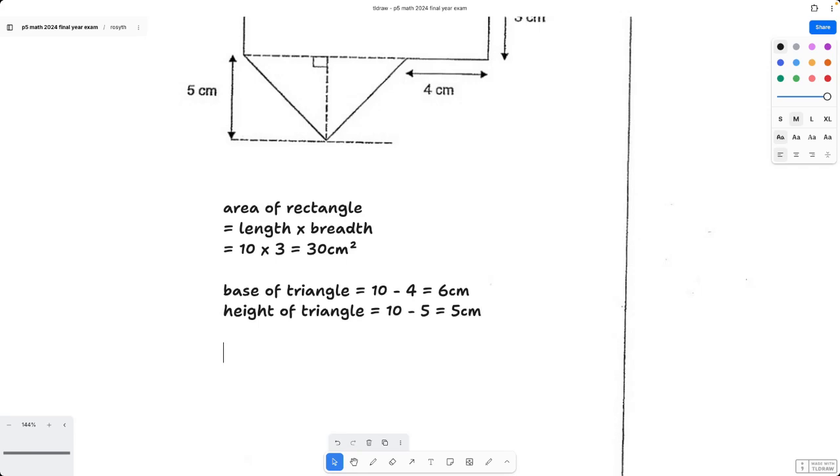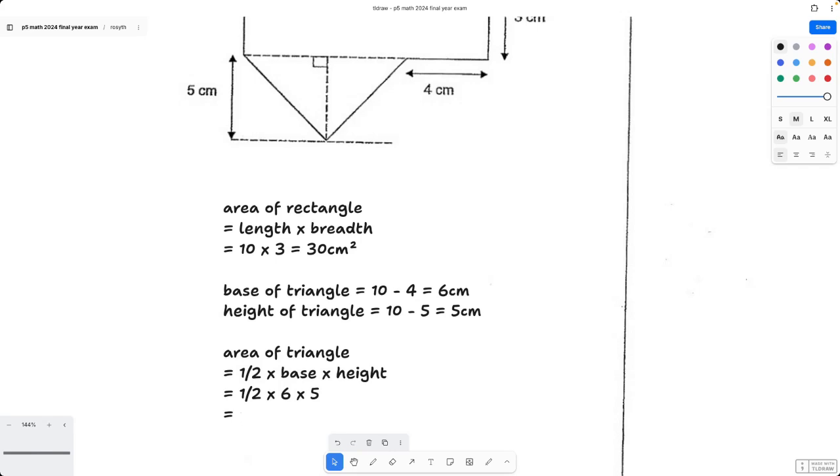Therefore, the area of triangle is equal to half times base times height, right? It's not 5 times 6, but base times height. So we know that the base of the triangle is 6 and the height is 5.